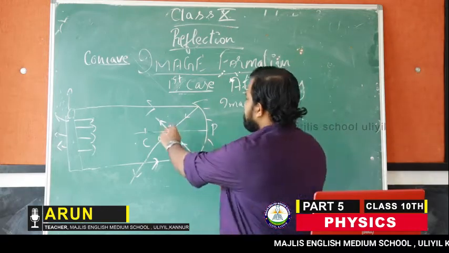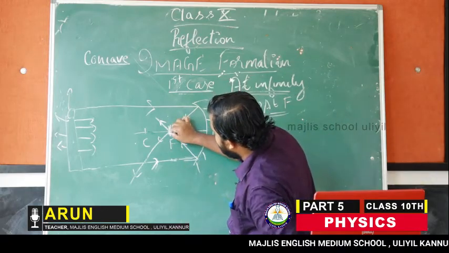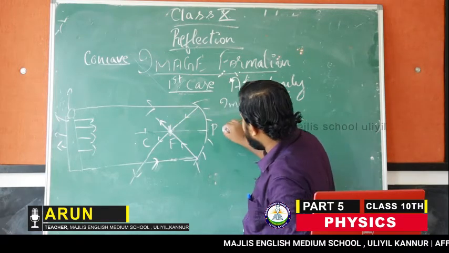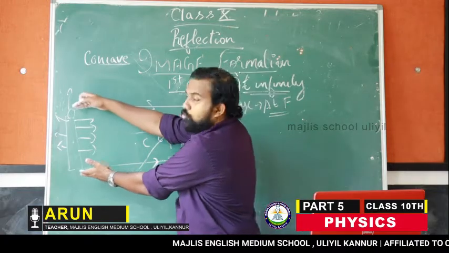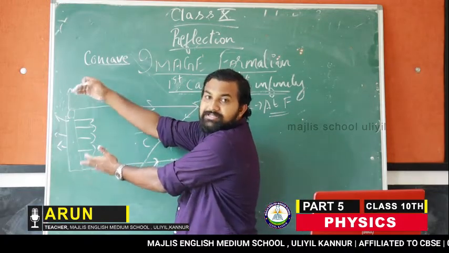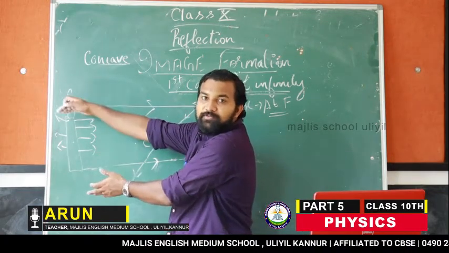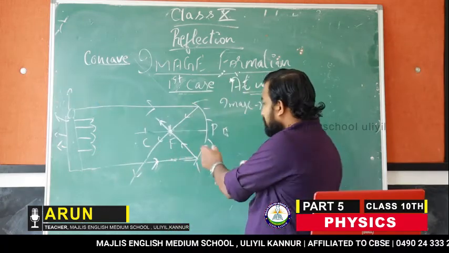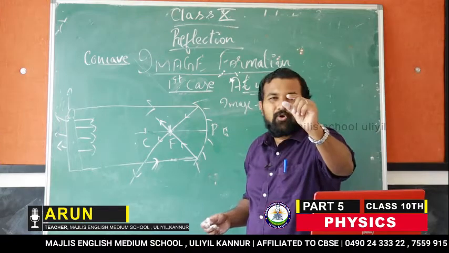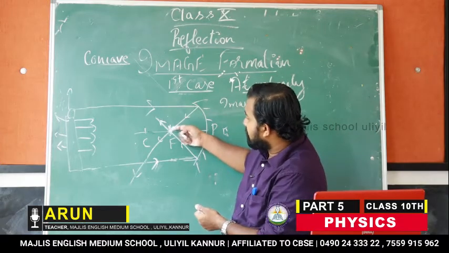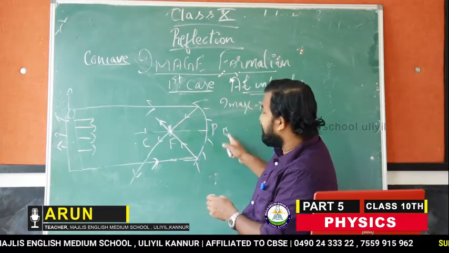Here we will understand that it will be an inverted image formed. That means a huge candle or huge tree, or any huge object which was kept at infinity, will get a small image. If we measure it from the principal axis, it will be inverted also.